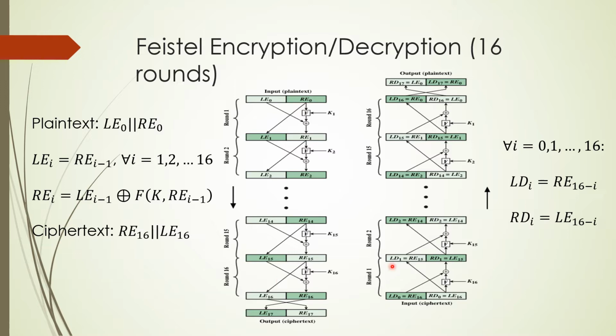And in the decryption part, as you see on the right hand side of the picture, on the bottom we have the ciphertext, on the top we have the corresponding plain text, which should be the same as the original plain text that was encrypted.